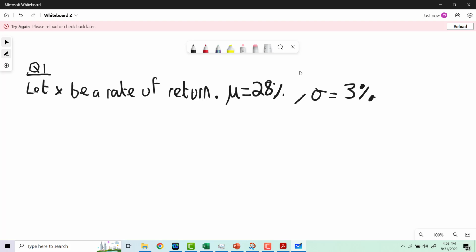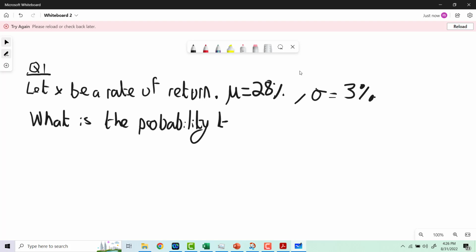What is the probability that the return exceeds 34?